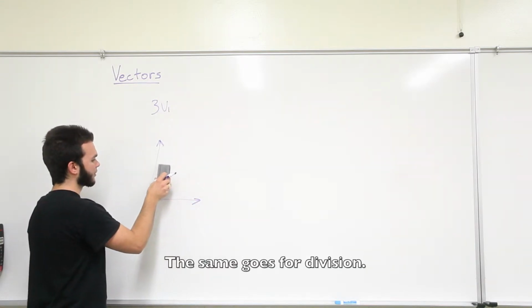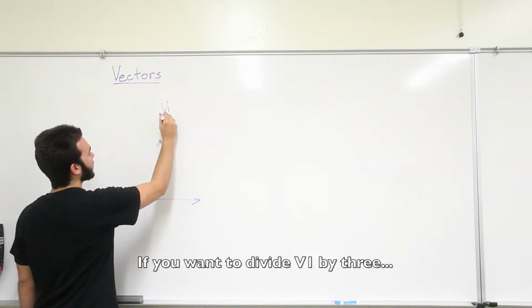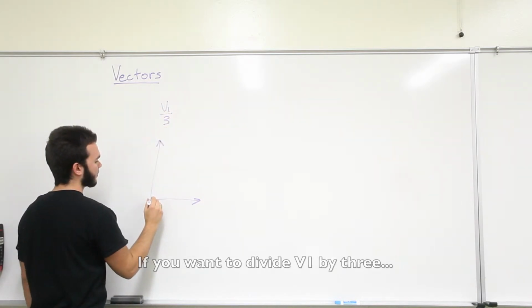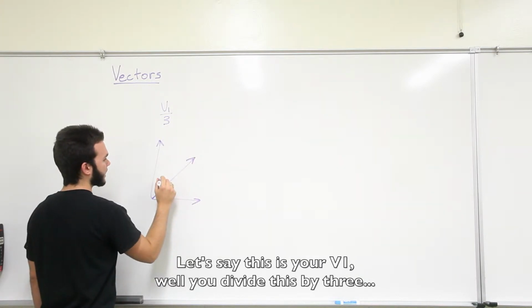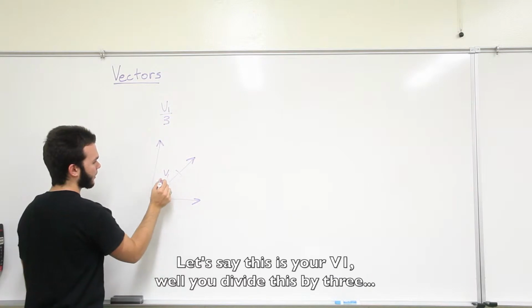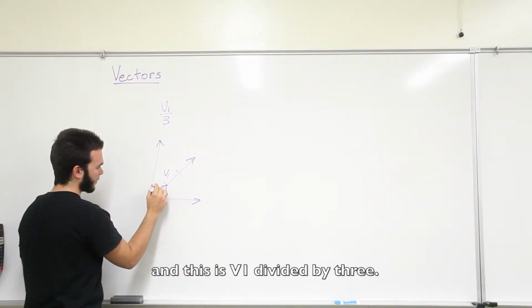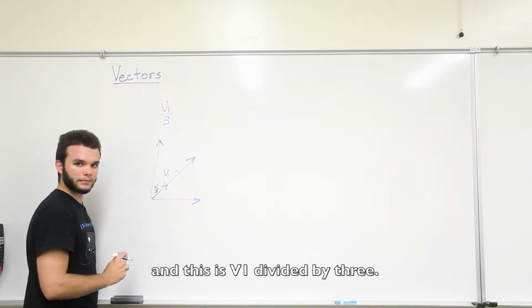The same goes for division. If you want to divide v1 by 3, let's say this is your v1, well, you divide this by 3, and this is v1 divided by 3.